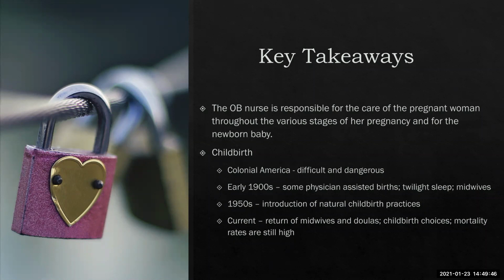We were utilizing twilight sleep and some midwives. From the 1950s through the 1970s and on, we had an introduction of natural childbirth practices. And now we have midwives and doulas, childbirth choices. However, our mortality rates are still high, much higher than we would like them to be.